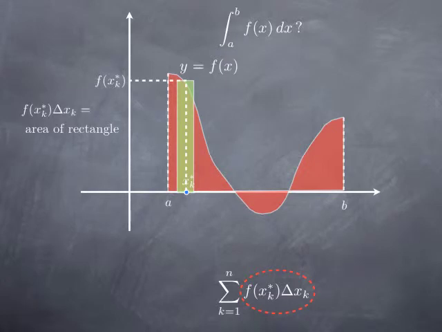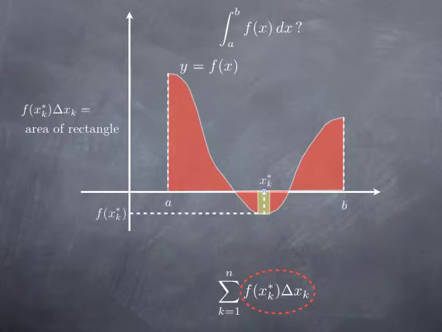On the other hand, if I'm looking at one of the subintervals in the pointed partition that is in a part of the x-axis over which the function is negative, then the corresponding term in the Riemann sum, f of xk star times the width of the subinterval, now is the opposite of the area of the rectangle, because f of xk star is negative.